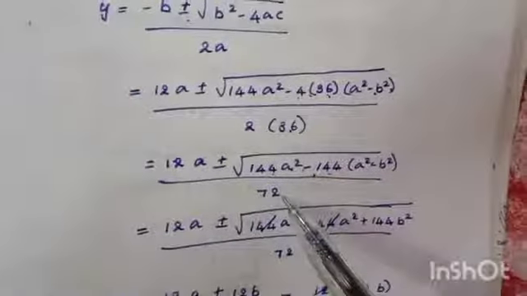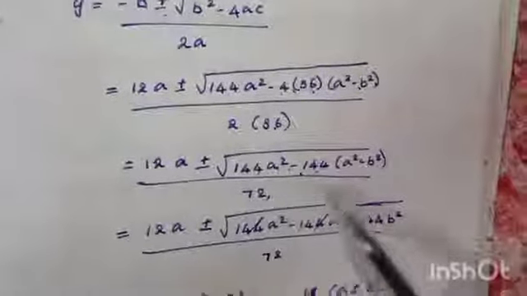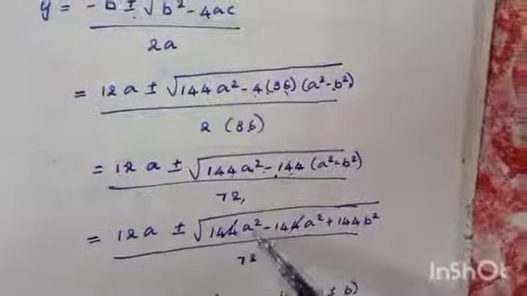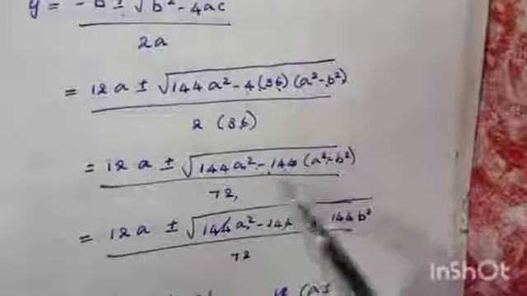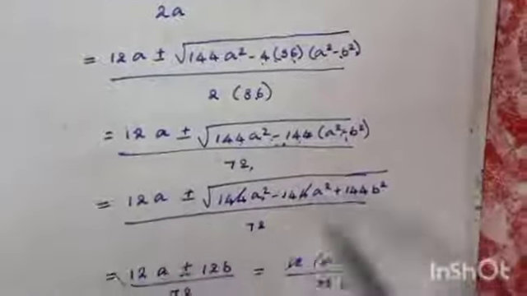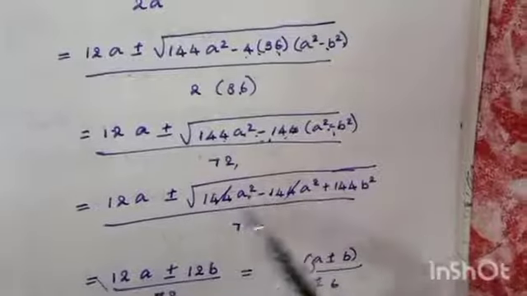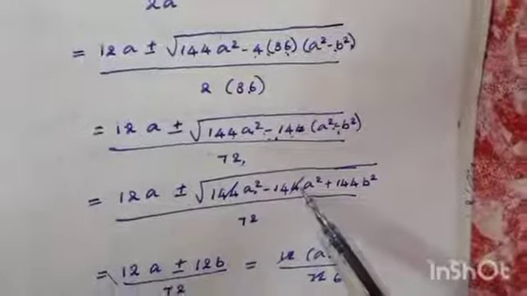36 into 2 is 72. Now 12a plus or minus, take this 144 inside the bracket. That is square root of 144 a square minus 144 a square plus 144 b square, whole divided by 72. Inside the square root, you have to simplify. These two cancel. Plus value and minus value cancel.